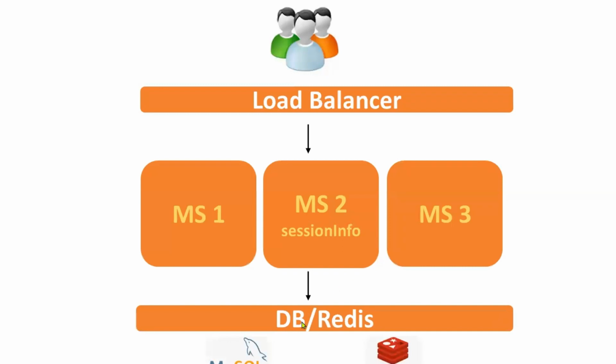So for that reason, we should store all the data in the database or Redis and not in the microservices, because these are volatile in memory. Okay, and if we are saving within the microservices, that is called a sticky session. So we don't maintain any sticky session in the load balancing part.